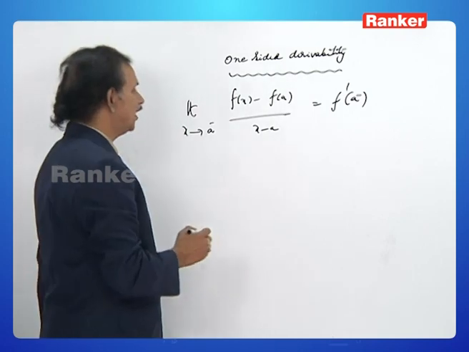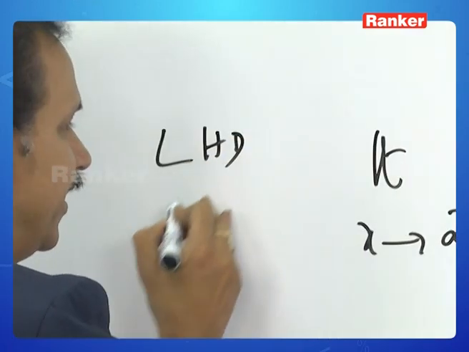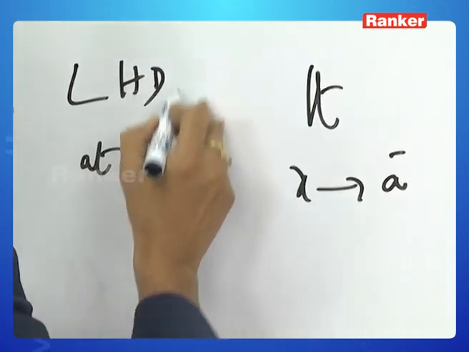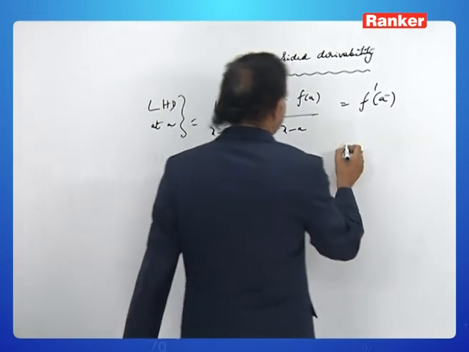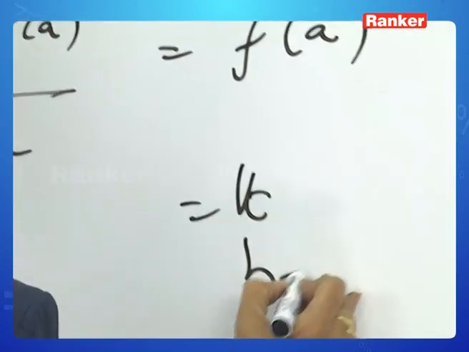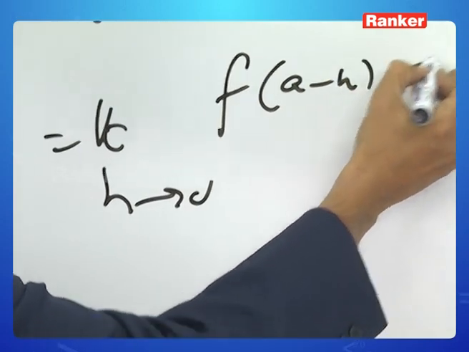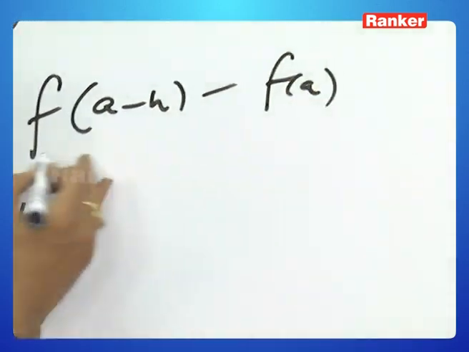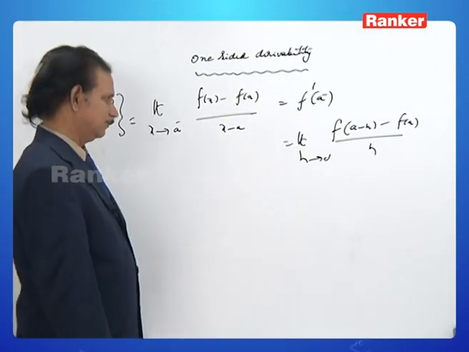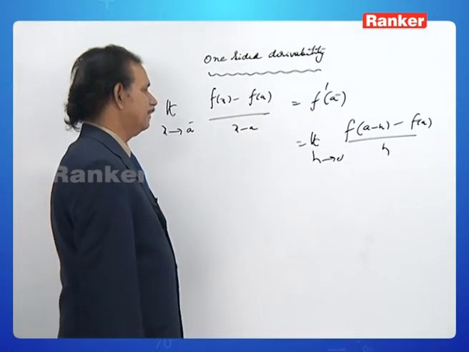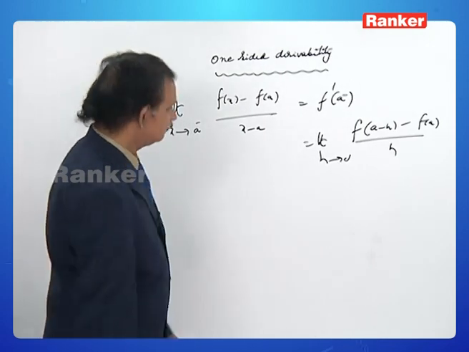And this is called left hand derivative, LHD at a. Of course, this can again be taken as limit as h tends to 0 of f of a minus h minus f of a by h.